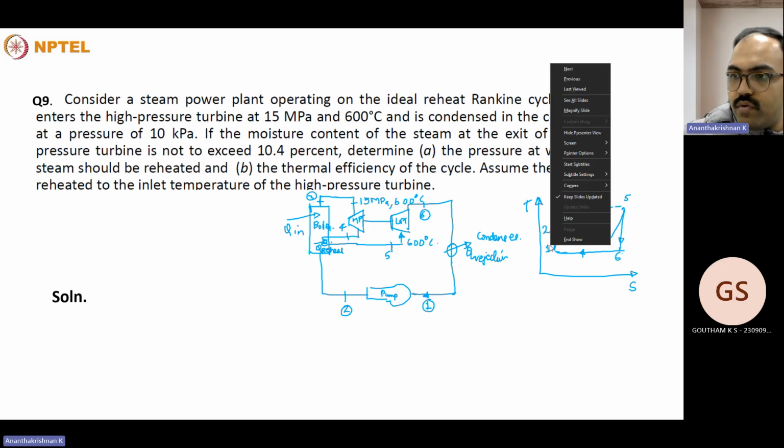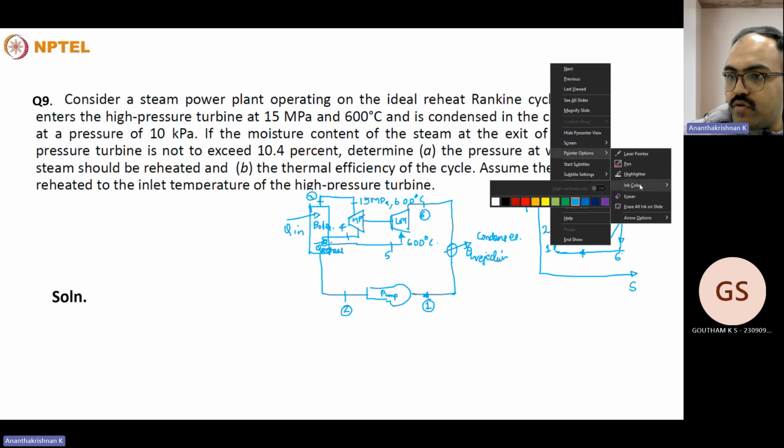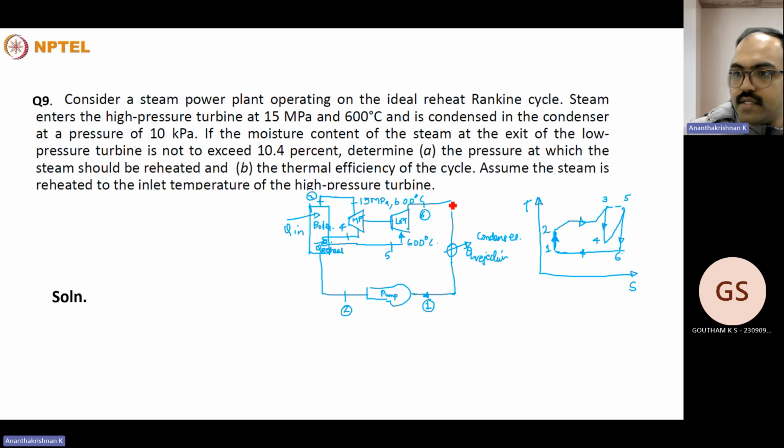If I try to put the vapor dome, it's not accurate as such, but it's just a representation of the actual process. It is to show that this will reach the saturation condition and then go.